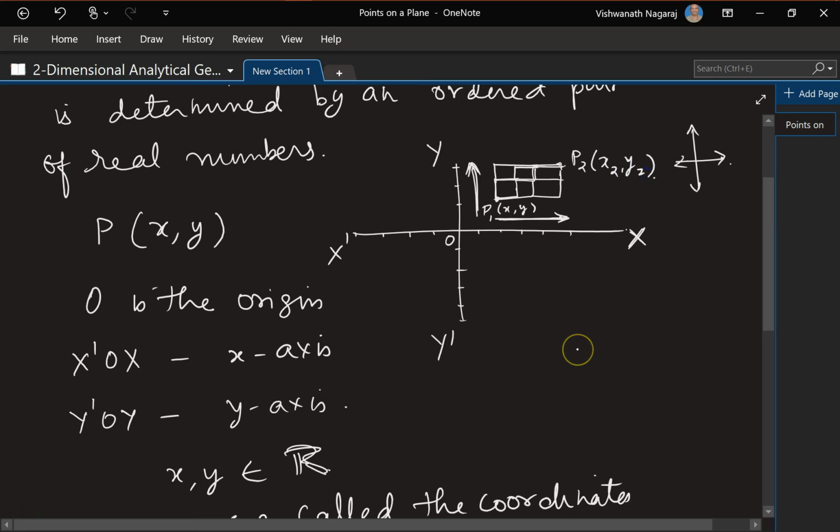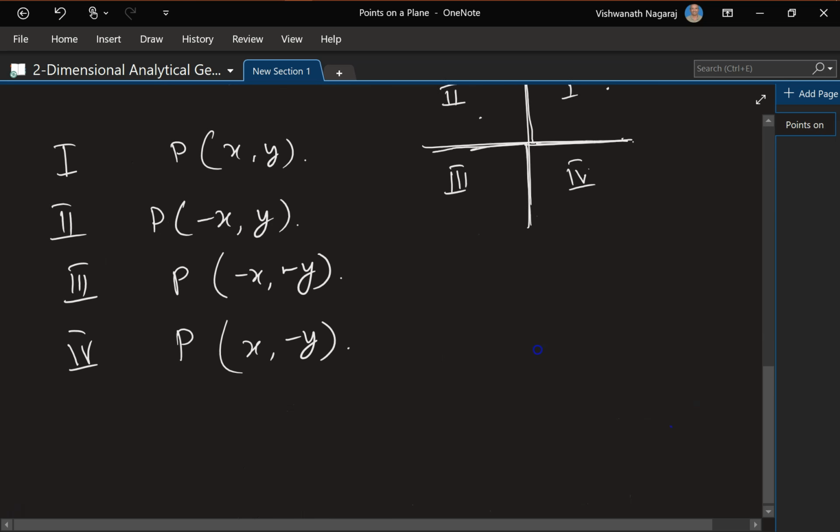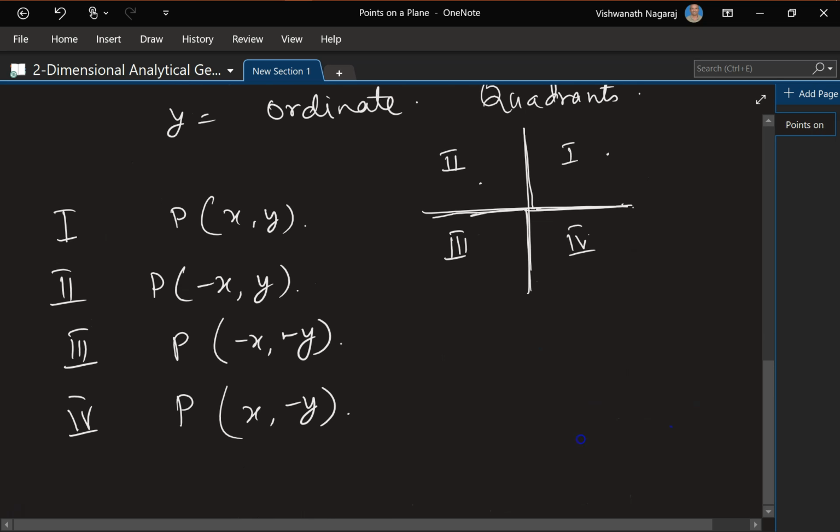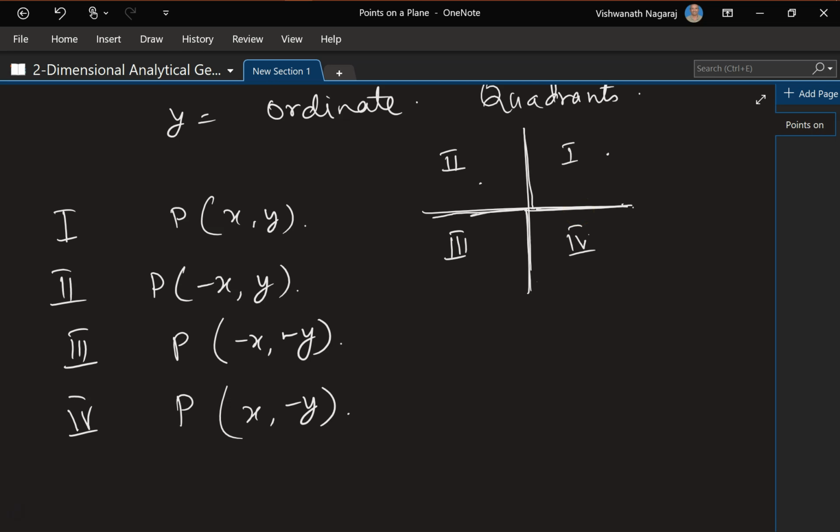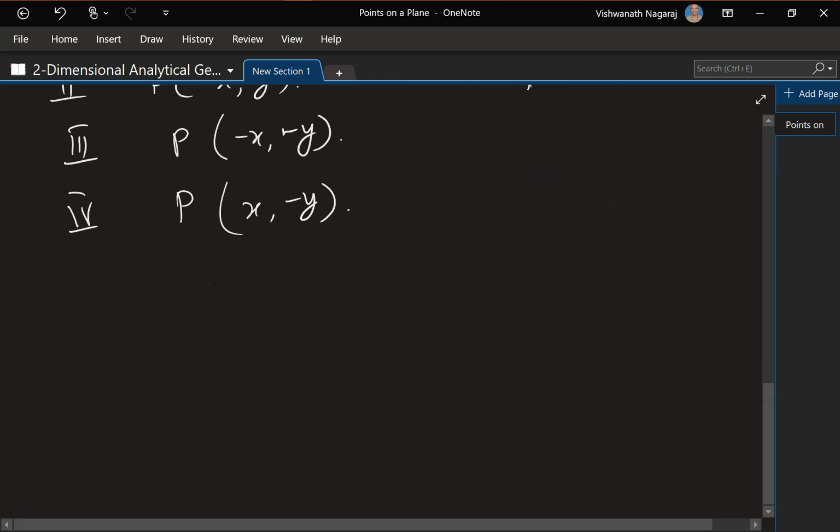Now, if we are trying to figure out where a point is from the origin, then it is how many steps in the x direction and how many steps in the y direction. So x comma y. Fairly straightforward once you understand this concept of coordinates. Now, what's the distance of a point?